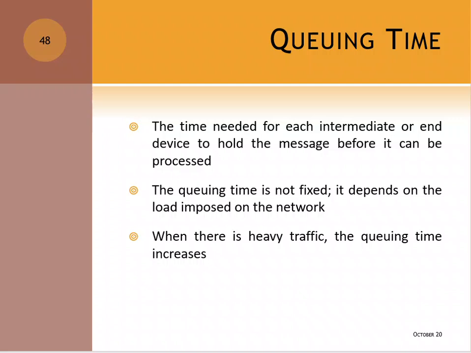So kalau kita tengok dalam tu ada router kan, daripada source nak pergi ke destination tu dia perlu melalui intermediate nodes, perlu melalui beberapa router.